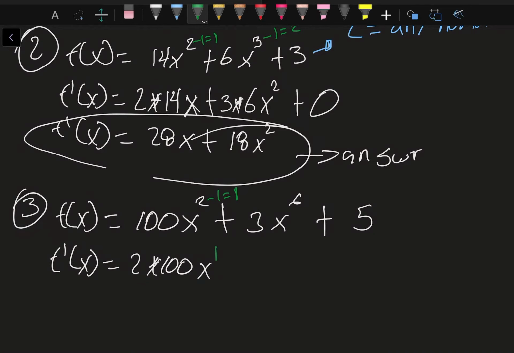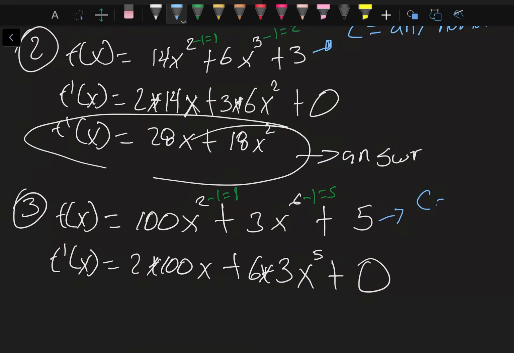So x raised to the 1 plus, same thing, 6 times 3x, then 6 minus 1 is equal to 5. So it means that x is raised to the 5th plus a 0. Remember, this is equal to a constant number, any number.